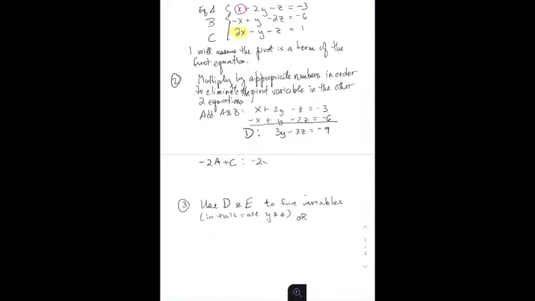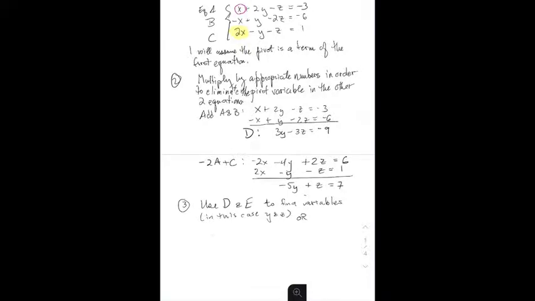Okay, what do we do to eliminate the 2x? We need to multiply the first equation by -2 in order to get the opposite of the 2x, so that when we add we get 0. -2x minus 4y plus 2z is equal to 6, and C is 2x minus y minus z equals 1, and we add, we get negative 5y plus z equals 7.